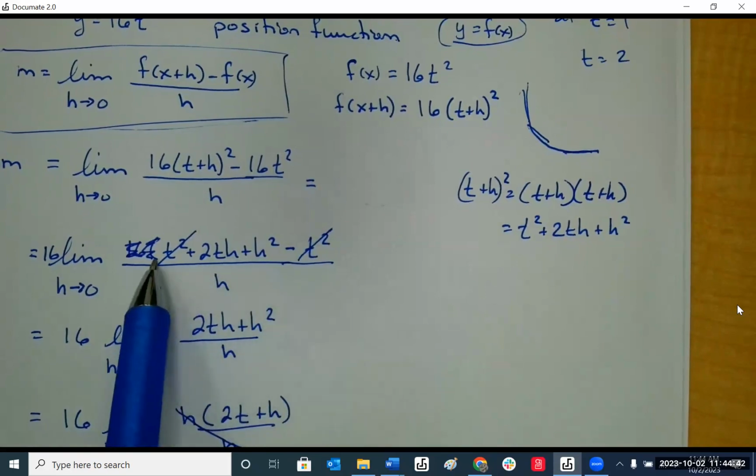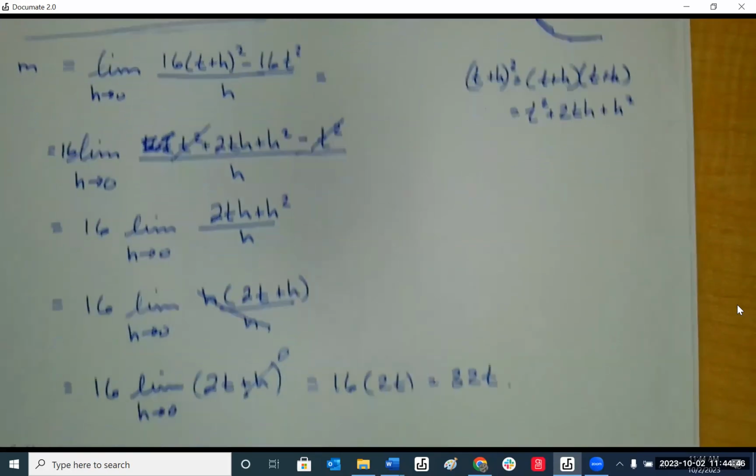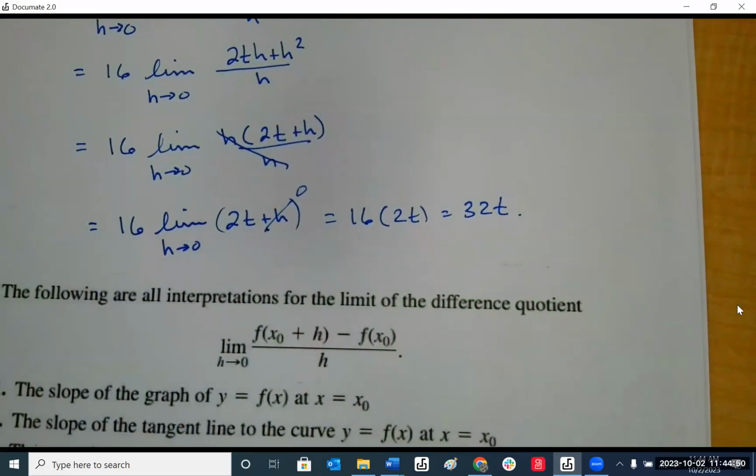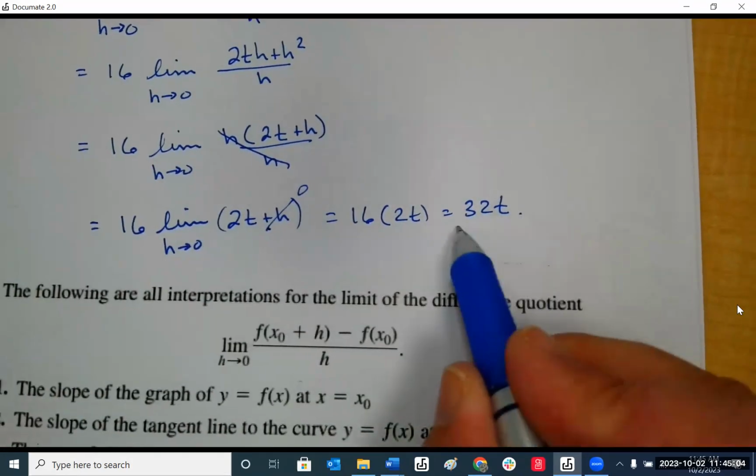Then you had 16t squared, 32t. It makes it easier, you don't have to worry about these big numbers. Because if you have a constant in all the terms, you can take it out and worry about it at the end, or you can keep it. Either way, the bottom line is you still get 32t.